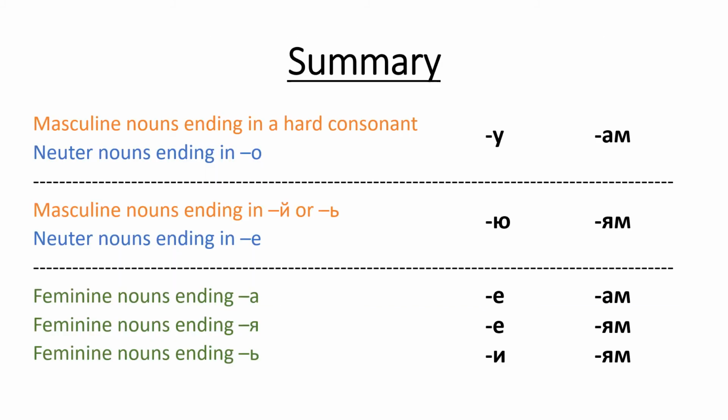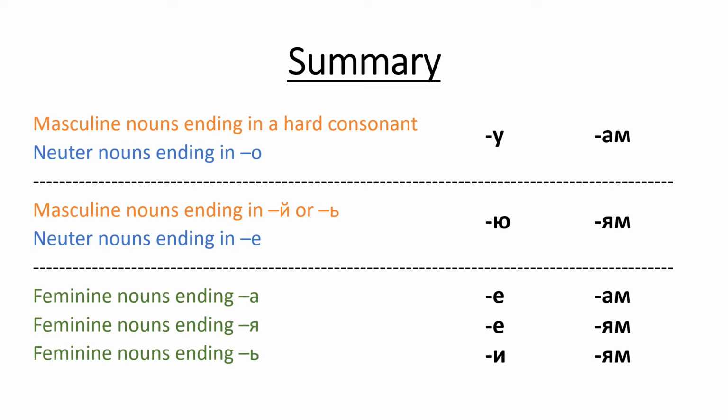So here's just a summary of the declension of nouns in the dative case. As you can see, the plural is quite straightforward. If the noun has a hard ending, then it will end in -ам, whereas if it's a soft-ending noun, then it will end in -ям. Hard-ending masculine nouns and neuter nouns will take the -у ending, whereas if they're soft-ending, then it will be -ю instead.